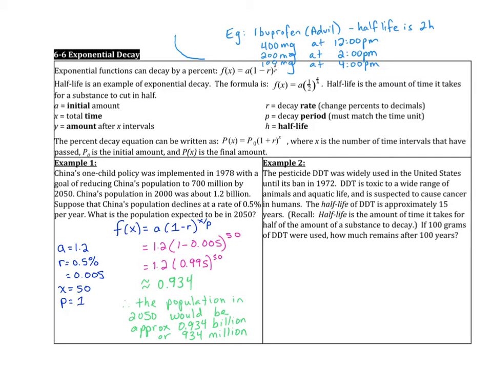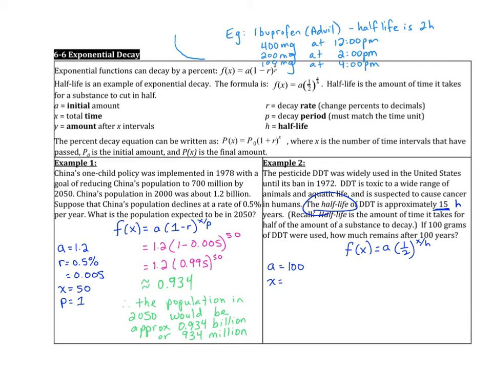So this is a half-life question, and the half-life is approximately 15 years, so that's the value of H. So our half-life formula is f of x is equal to a times a half to the x over h. And your initial value in the question, it says we're starting with 100 grams of DDT. So the initial amount is 100 grams.